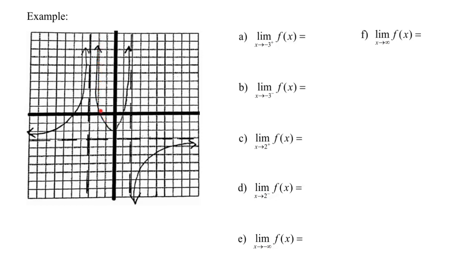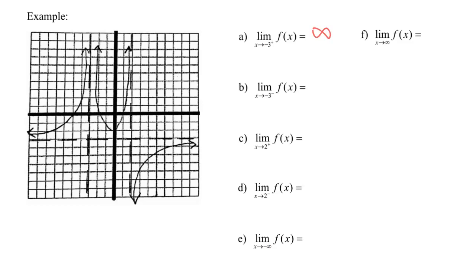And so as I approach -3 from the right on the x-axis, what's happening to the y values? Well, hopefully you said they're increasing without bound. And so that tells me that this limit is going to equal infinity.